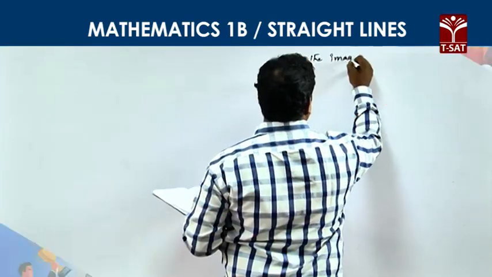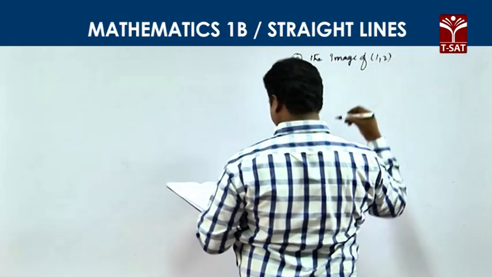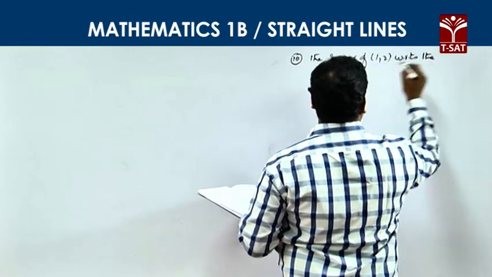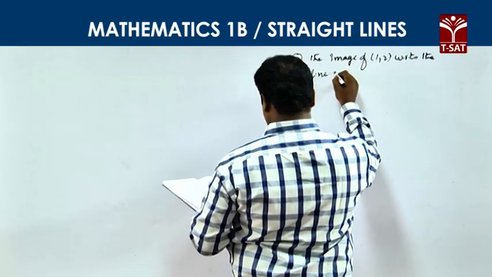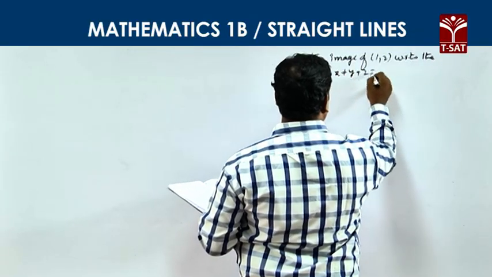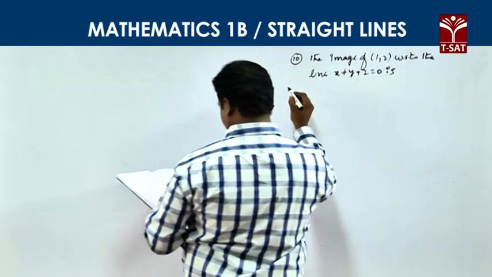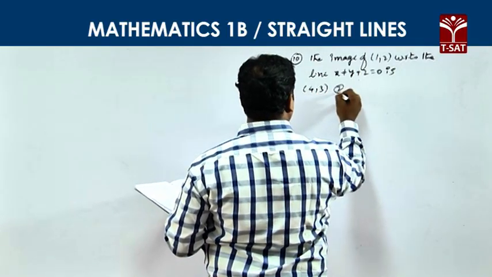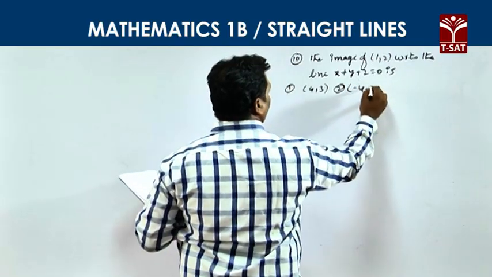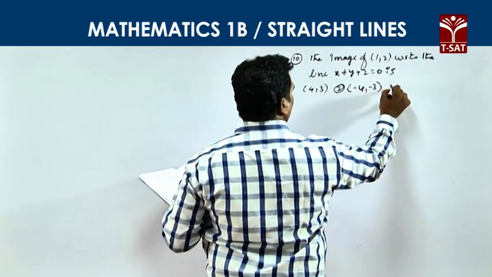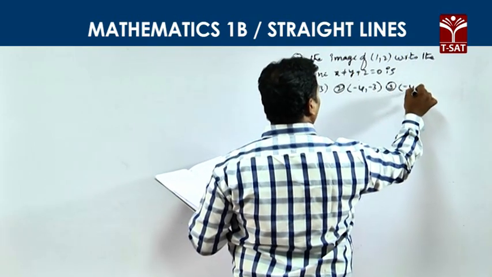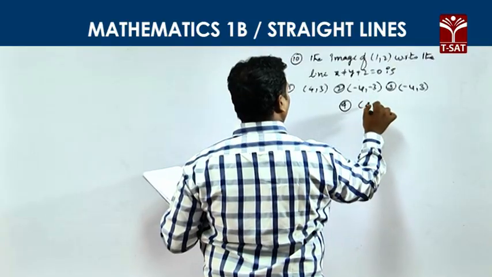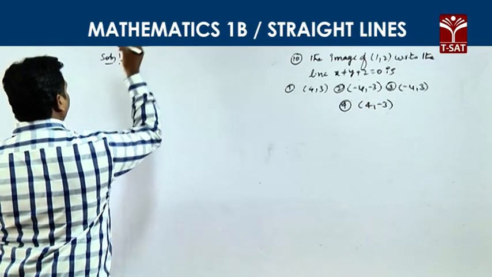Tenth one, the image of (1, 2) with respect to the line x + y + 2 = 0 is, options are (4, 3), (−4, −3), third option is (−4, 3) and fourth option is (4, −3). Solution.